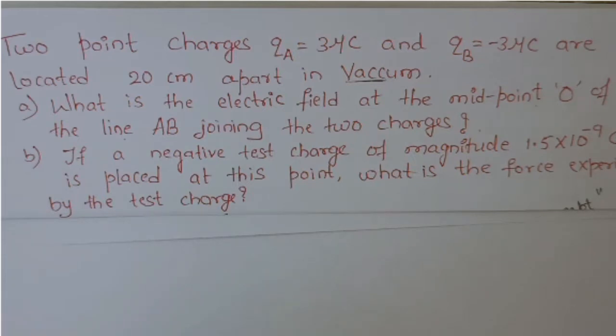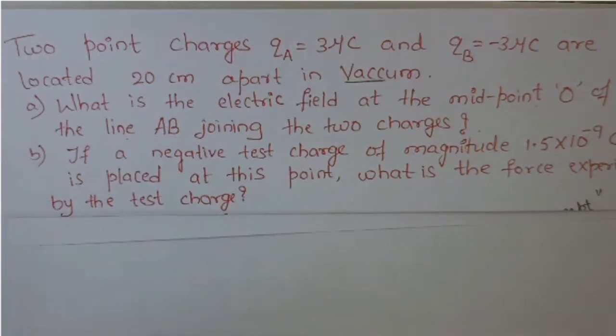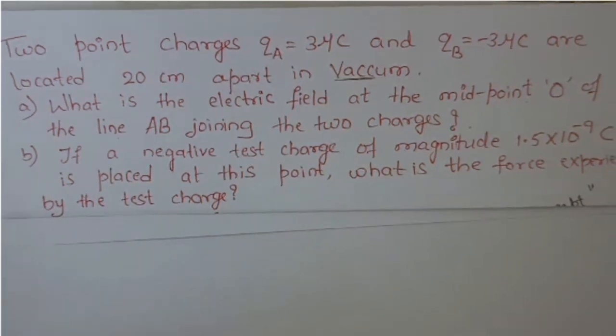The first question asked here is, what is the electric field at the midpoint O of the line AB joining the two charges? And the second: if a negative test charge of magnitude 1.59 coulomb is placed at this point, what is the force exerted on the test charge?